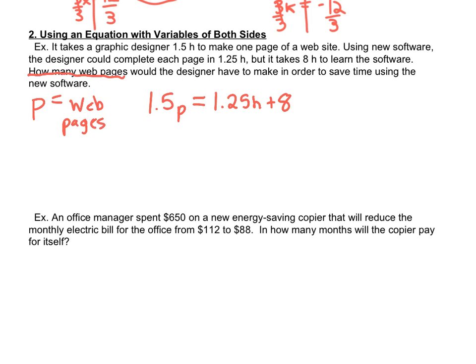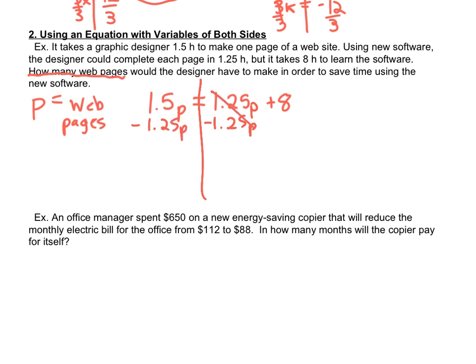So each expression represents time, but our variable represents the number of pages. And I just realized I wrote h instead of p. I'm sorry about that. That should be a p, 1.25p. So I've got my equation. Now I can solve it. I'm going to subtract 1.25p from each side. So let's cancel.